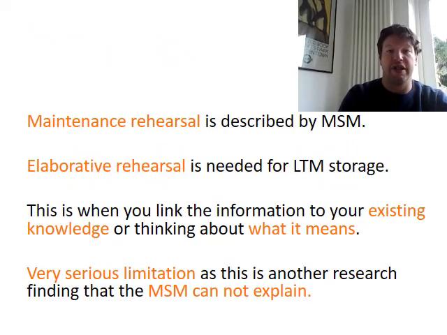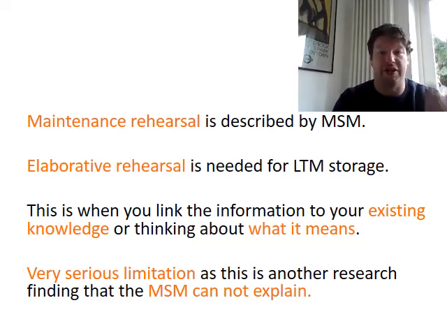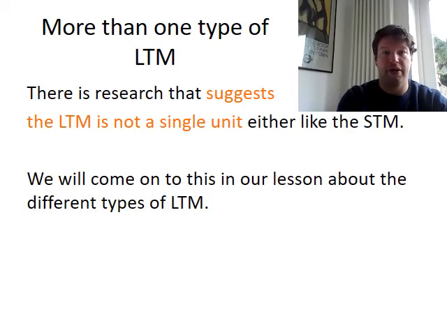Maintenance rehearsal is described in the multi-store model. Elaborative rehearsal is needed for long-term memory storage. This is when you link the information to your existing knowledge or think about what it means. This is a very serious limitation, as it is another research finding that the multi-store model cannot explain. It's basically saying that this idea of rehearsal is too simple in the multi-store model, and it needs to be more elaborate, more detailed, with more to this model.